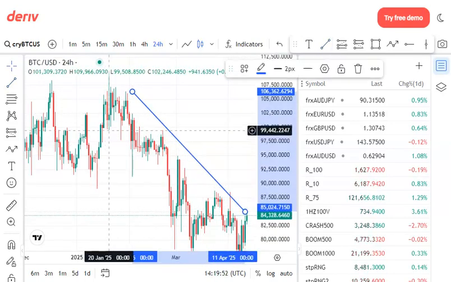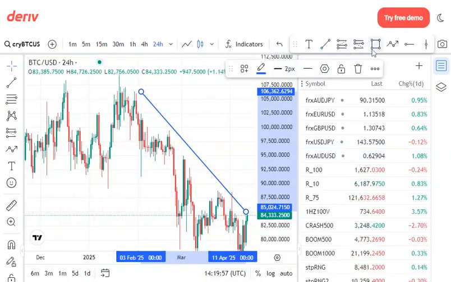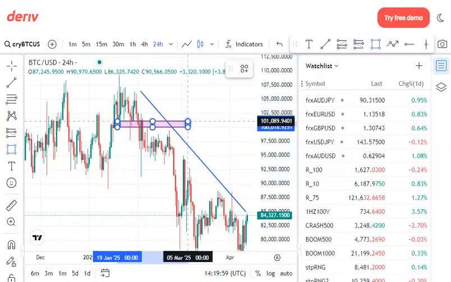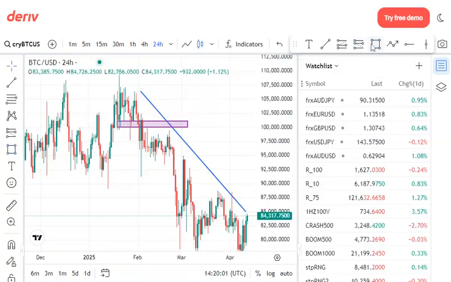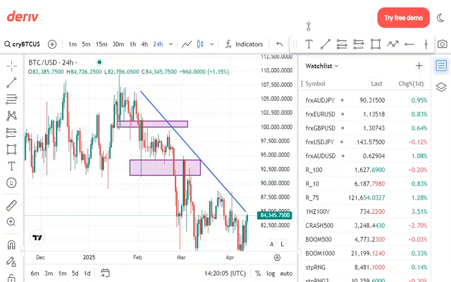If I go back to when BTC started losing its value and breaking structures, I will see that BTC has been going down since January, and since January, most pairs have also been falling in value.